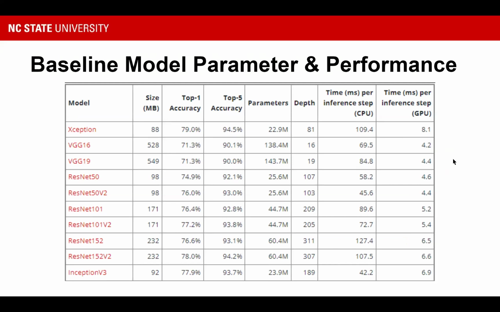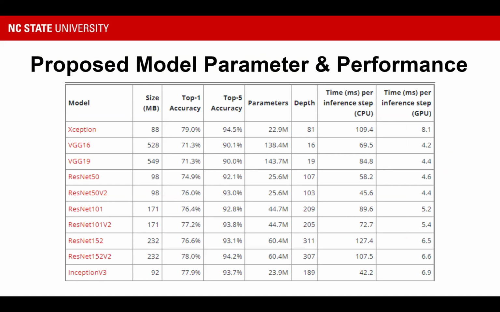These are the baseline model parameters and performance that we will see in the following slides. This is the tabular data that we referred to before coming up to the hybrid model. Going on to the next slide, this is the parameter table, the tabular data for the proposed model.